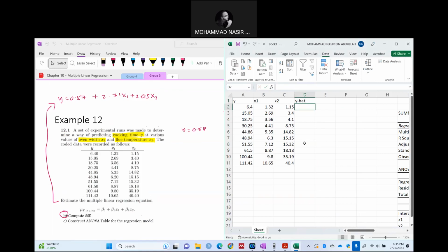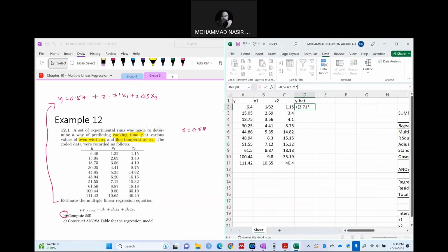Y hat should be 0.57 plus 2.71 multiply with X1. Oh, sorry, I forgot to put the reference. Right.